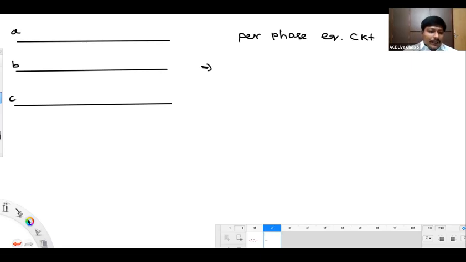First of all, while constructing this equivalent circuit, I'll say a few terms here.